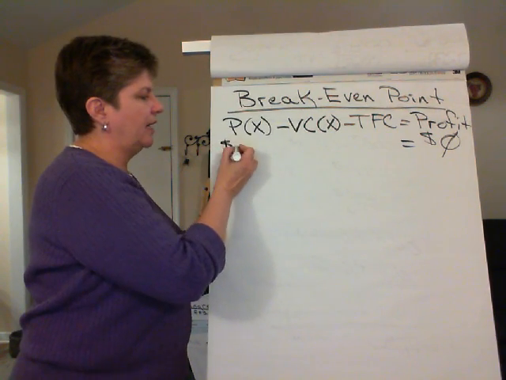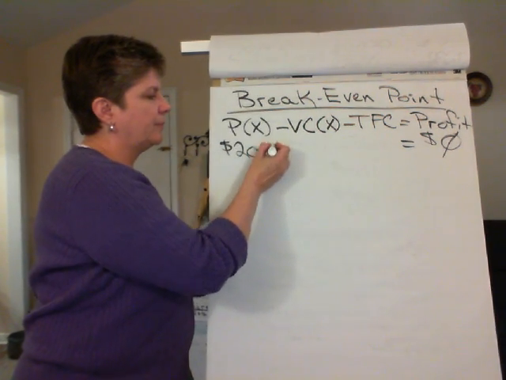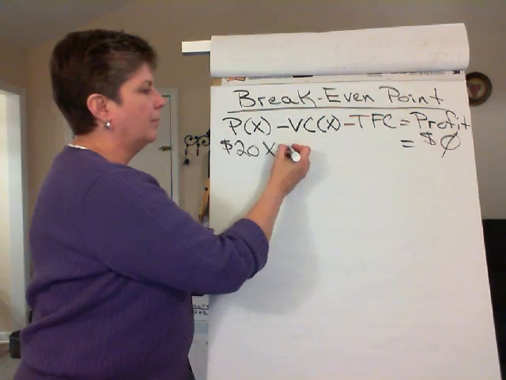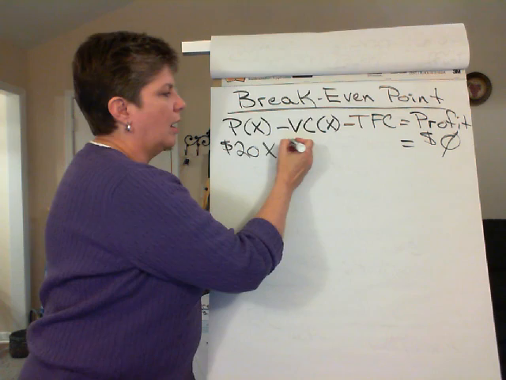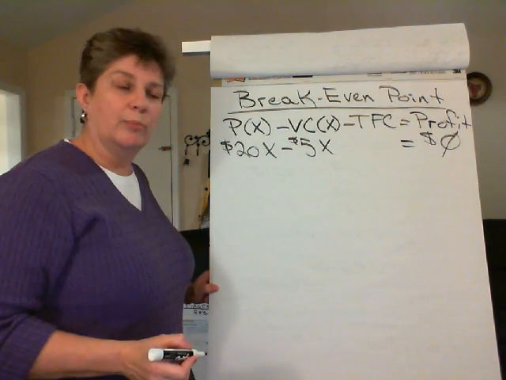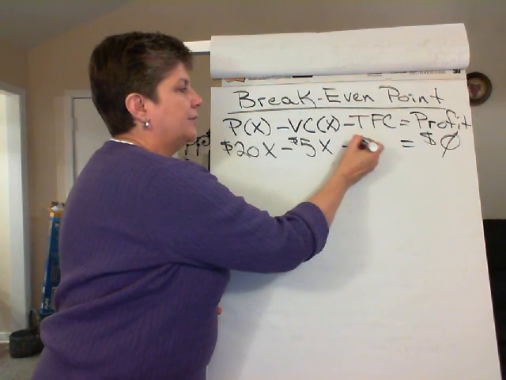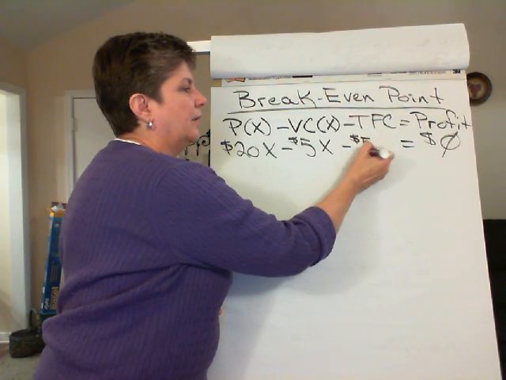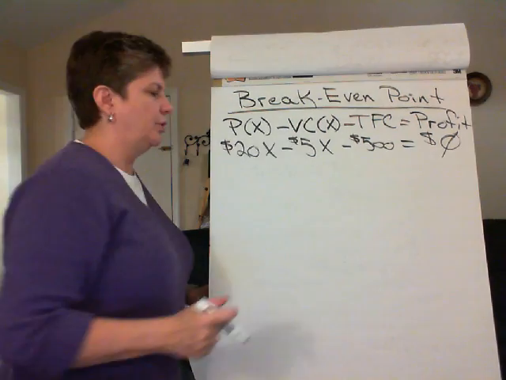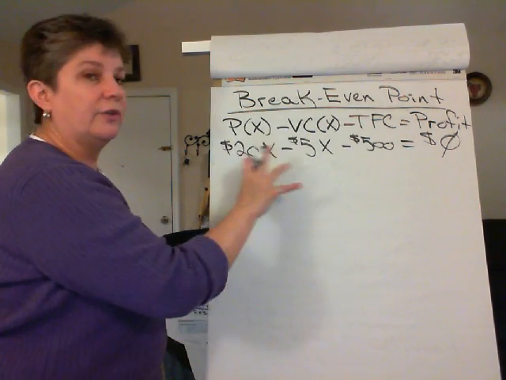Now, the price again was $20 per unit times the unknown number of units, that's what we're solving for, minus the variable cost times that same unknown number of units minus their fixed cost of $500. And we set that formula equal to a zero profit and start doing the math.